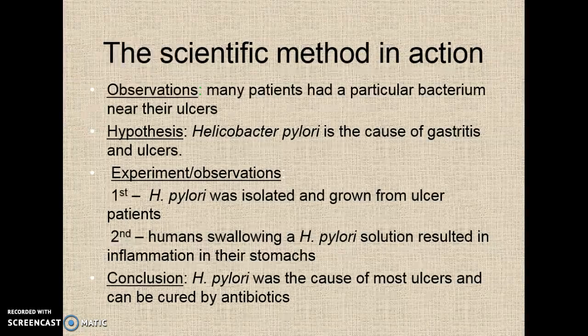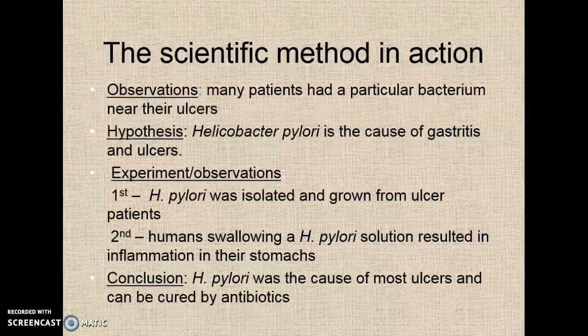Second experiment, and then subsequent observations, was that humans who swallowed Helicobacter pylori developed inflammation in their stomachs. And the interesting thing about this is the person who did this was actually a scientist. He was in charge of a group of scientists looking into the cause of Helicobacter pylori.